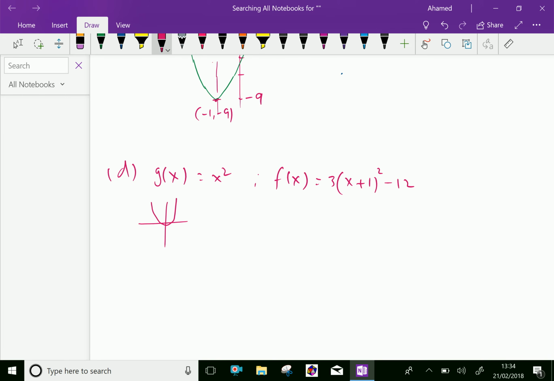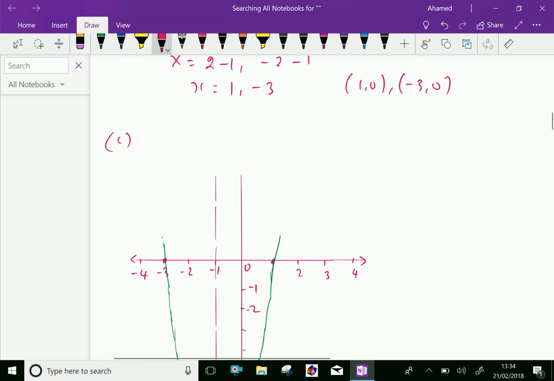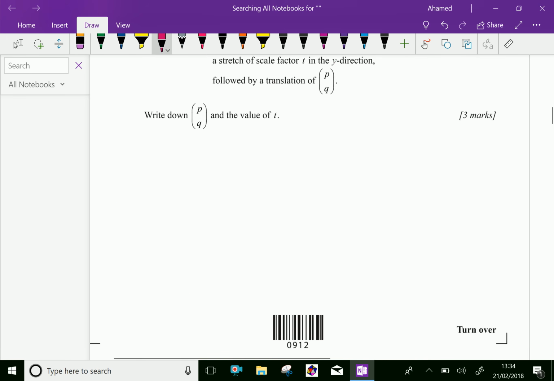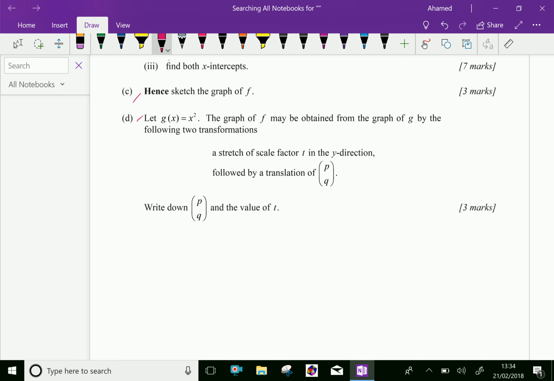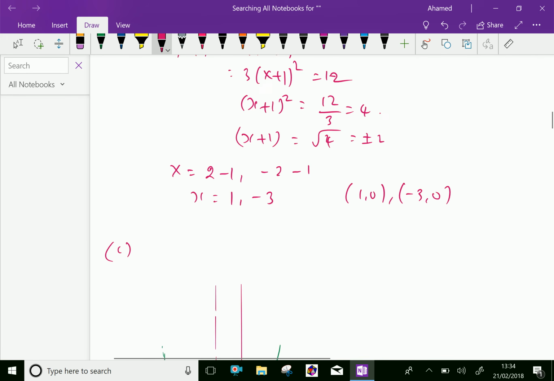So we get the pq vector equal to minus 1 in x and minus 12 in y, and stretching factor t equal to 3. We have done that. Next question.